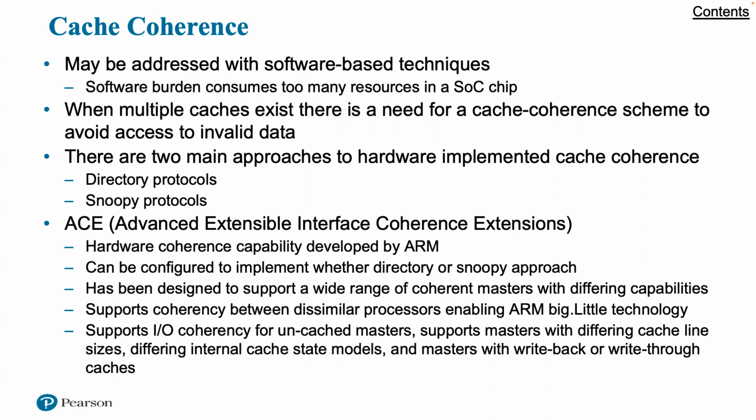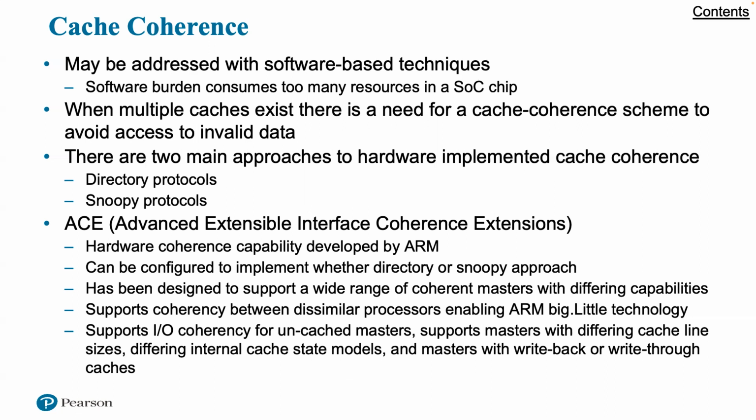When memory contains stale data due to a write-back cache containing dirty data, the cache may be cleaned by forcing write-back to memory. Any other cache copies that may exist in other caches must be invalidated. This software burden consumes too many resources in the SoC chip, leading to the use of hardware cache coherent implementations, especially in heterogeneous multi-core processors.